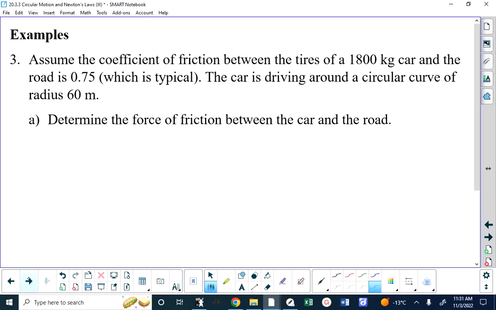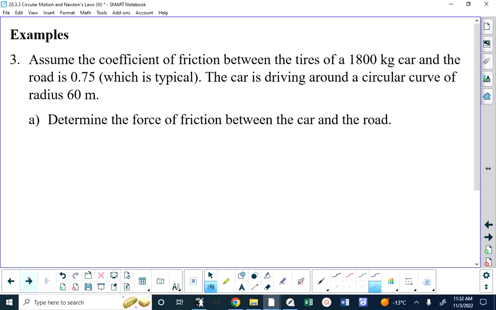By the way, as soon as that happened, I pulled back into my garage and I loaded my sandbags onto the truck, increasing the force of gravity on the truck, therefore increasing the normal force, therefore increasing the force of friction. Right? Car is driving around a circular curve of radius 60 meters.